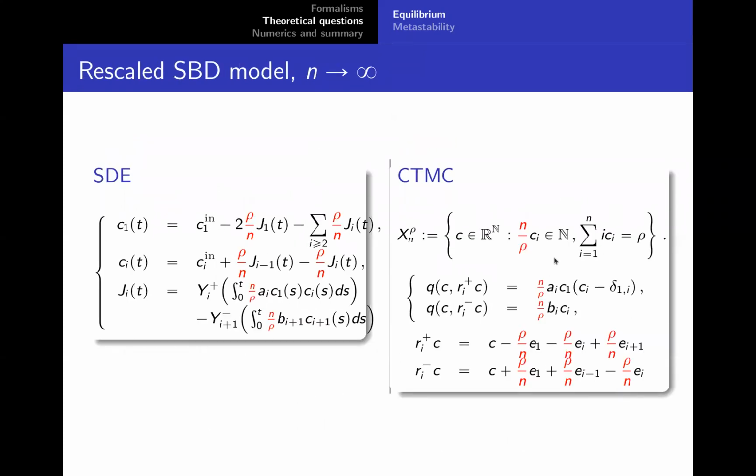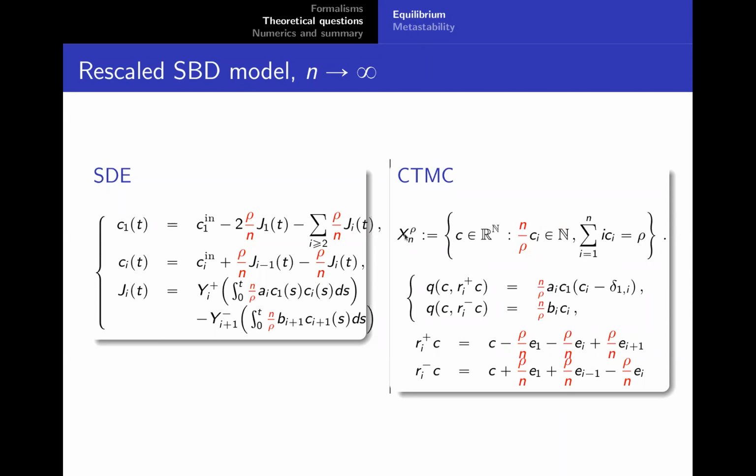So for that, we have to rescale the model, and we do the classical large volume scaling. So n will play the role of the volume here, and rho, which has the same meaning as before, will have the meaning of the density. So my number of particles will be n over rho.